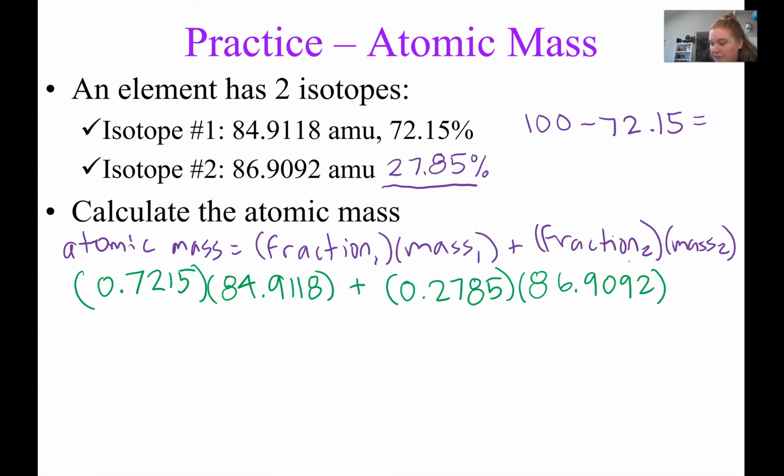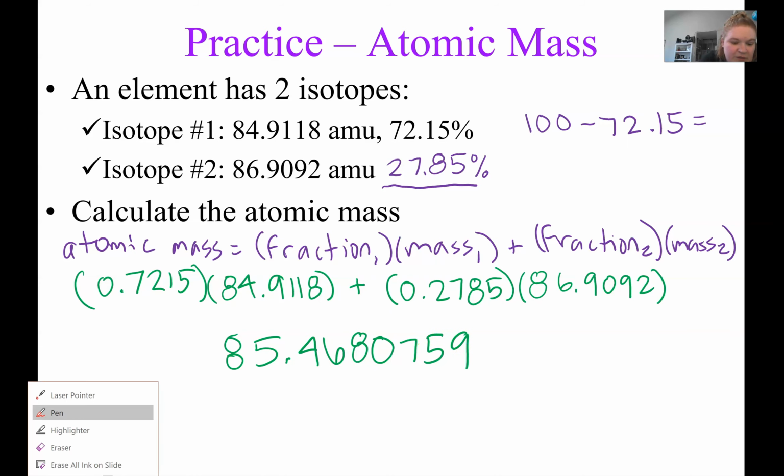And then I'm going to plug those numbers into my calculator. I'm going to multiply, I'm going to add, and my calculator tells me 85.4680759.